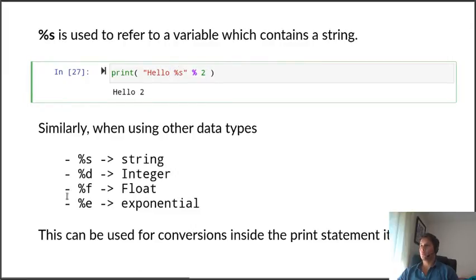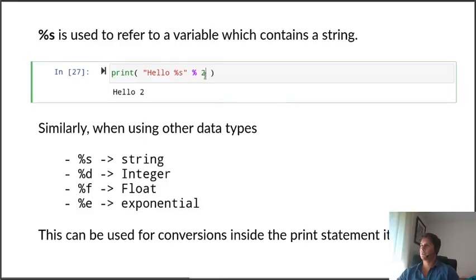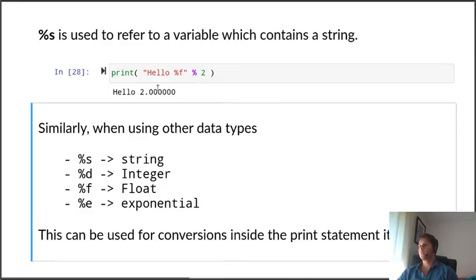If you do %d, it will put it as an integer. If we do %f, it will put it as a float number, and if we do %e, it will put it as an exponential or scientific notation. So for example, if we put f instead of 2, it will print 2.0000.